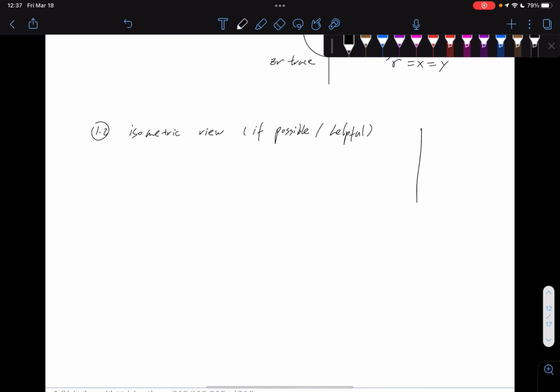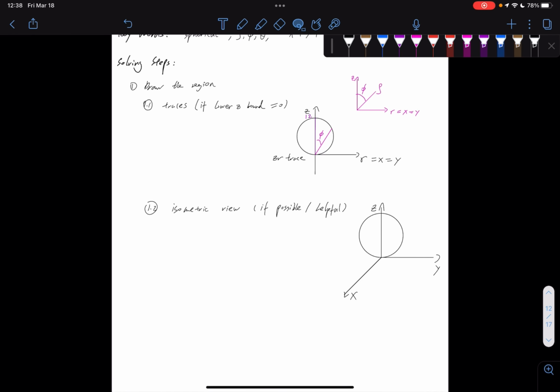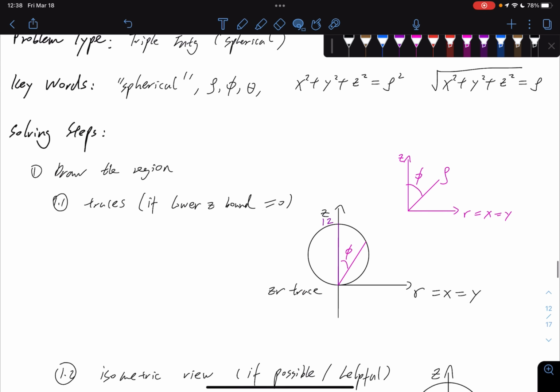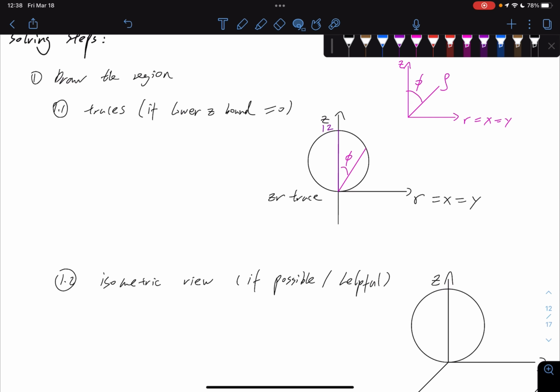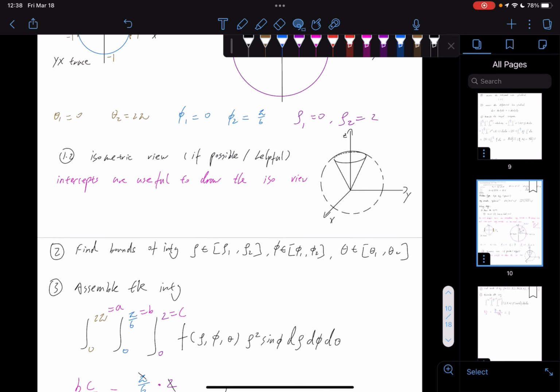So let's construct an isometric view. x, y, z, and this is just a circle lying above the xy axis. So this is what we're looking at. All right, so now we have the traces and the isometric view. Now we can go ahead and find the bounds of integration.